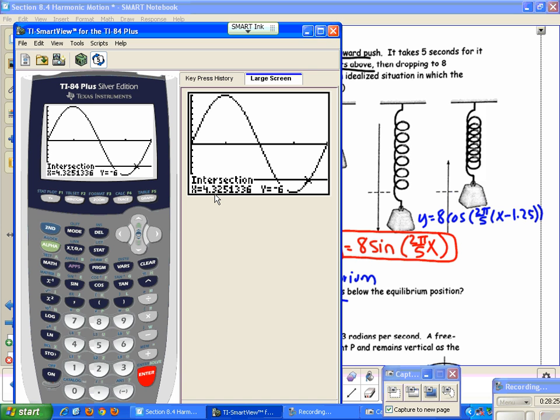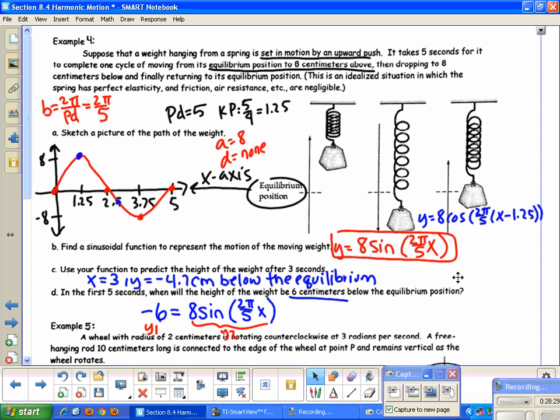We get 4.33 seconds if we round. So x is equal to 3.17 seconds, and then we get x is equal to 4.33 seconds.